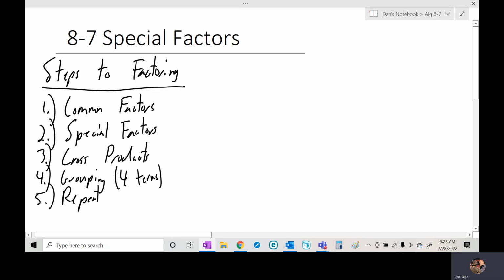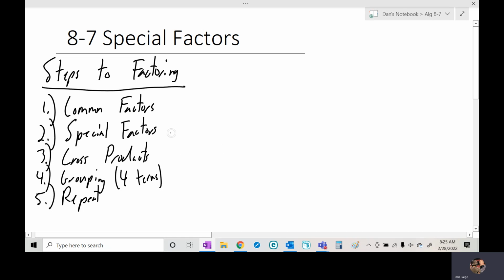The next thing you might notice is that normally when I do notes like this, we go in the order that I list them out, right? You guys notice that? And this time we didn't go in the order that I listed them out. There's a reason for it. Really, you could do these special factors the same way we do cross products.